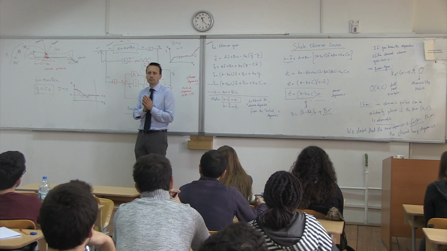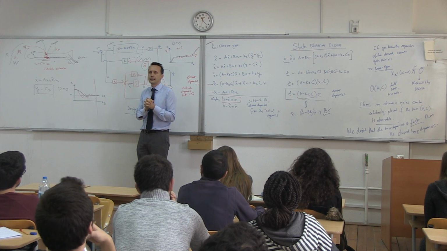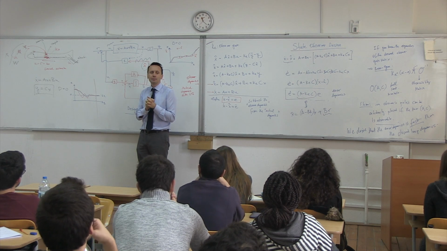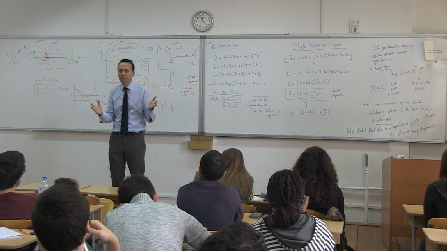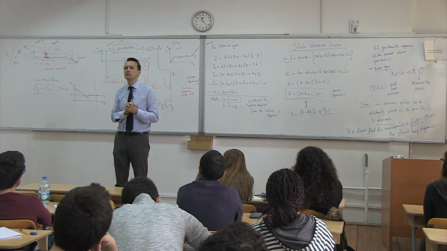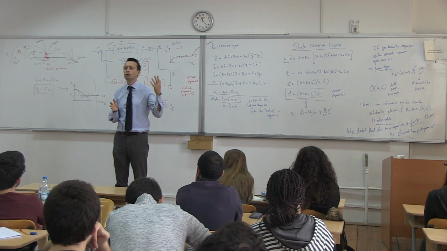Second problem, it's actually a much more important problem, is how do you find ABC in real life of an aircraft? Let's say I give you an airplane, okay? And I tell you, find the ABC matrix. How do you find that? Experiment. You do experiments again.